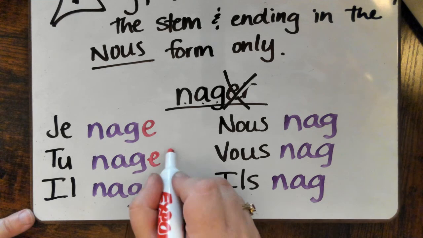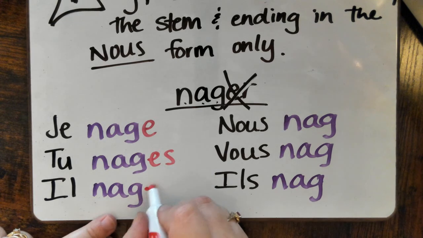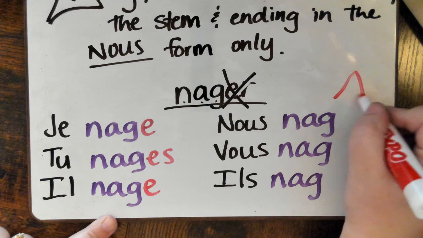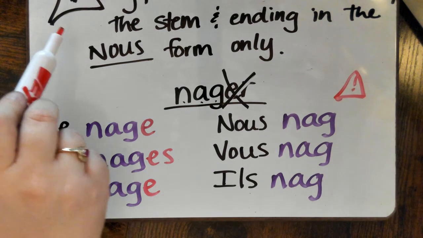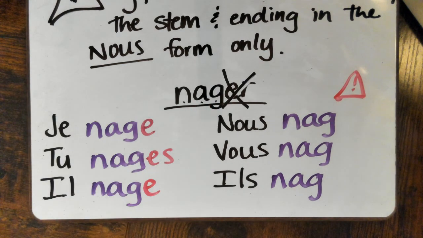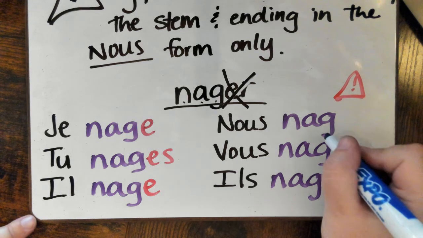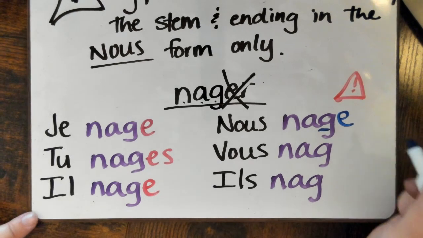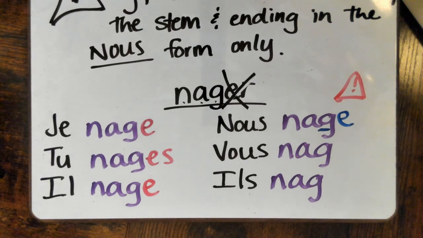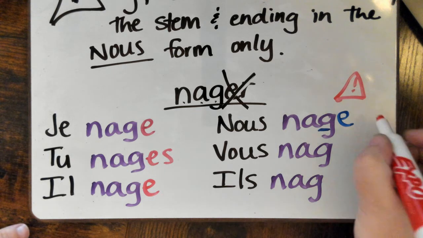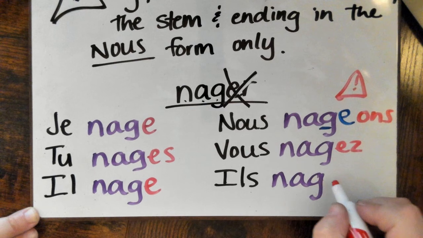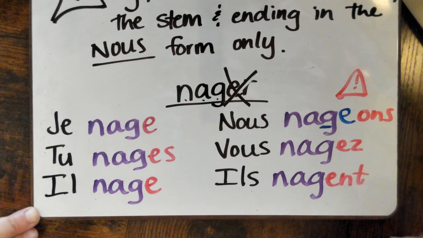E, es, e. Now the nous form, this is the exception. Okay, that's what the note up above says. In the nous form, when the stem ends with a G, and this stem ends with a G, we're going to add an E before we put the ending on. So now we can put O-N-S, E-Z, E-N-T.